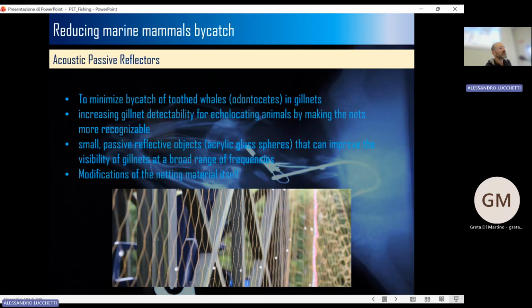Another way of reducing bycatch and interaction with marine mammals, especially for Phocoena, the harbor porpoise, in the north, is using these acrylic pearls on the nets, because they realized that the dolphins are able to detect the presence of a net if they use such pearls. It is a starting activity, quite new, but it could probably be an interesting solution for the future: trying to make the net more easily detectable for the dolphin.